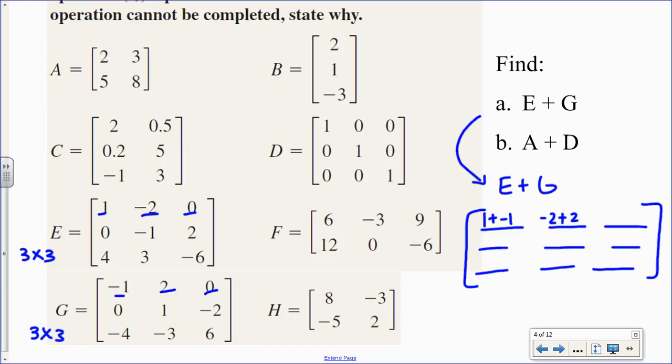0 plus 0. 0 plus 0. Negative 1 plus 1. 2 plus negative 2. 4 plus negative 4. 3 plus negative 3.